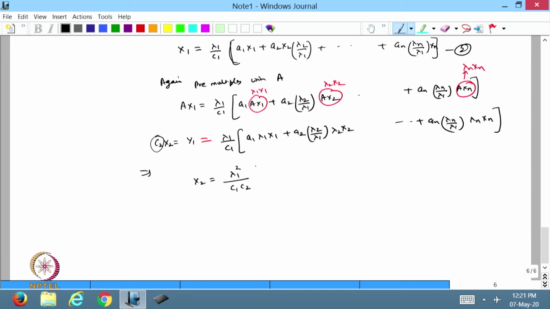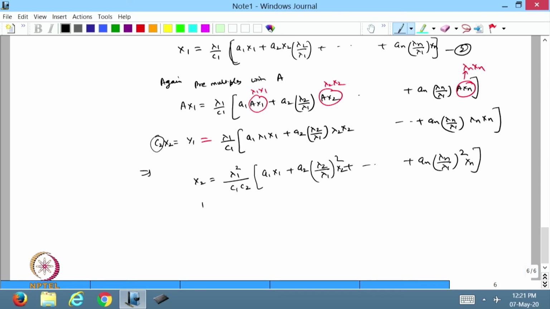And from here I can write a1 x1 plus a2 lambda 2 over lambda 1 squared x2, and so on, up to an lambda n over lambda 1 squared xn.